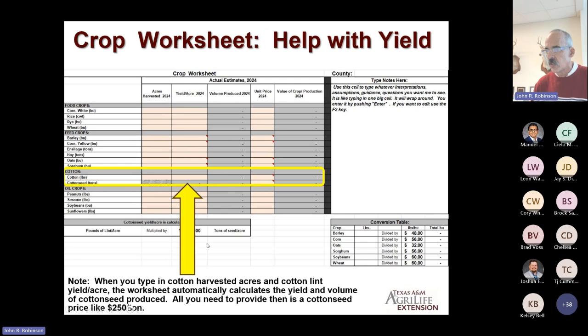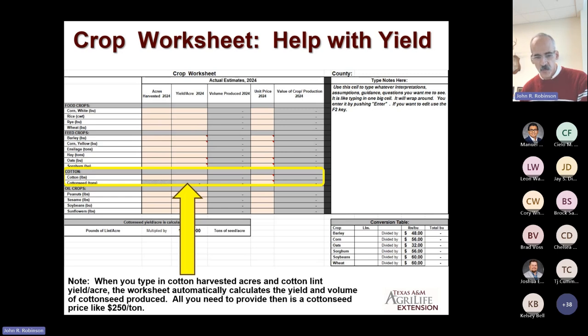Now there was something I wanted to say about cotton. We tried to automate the cotton a little bit in that if you put acres of cotton lint on the cotton line and put a yield for cotton lint on the second column on the cotton line, then you'll notice the cottonseed are gray boxes.